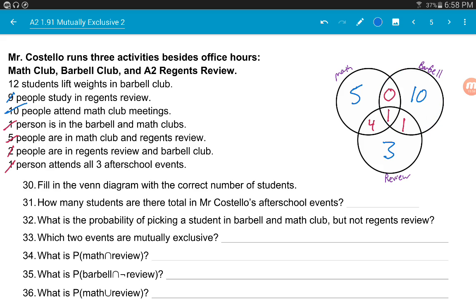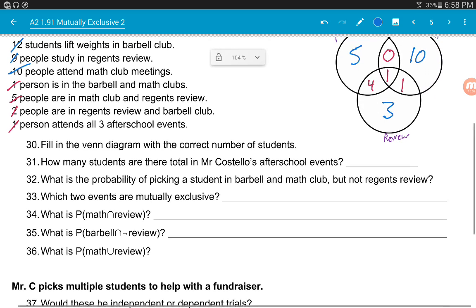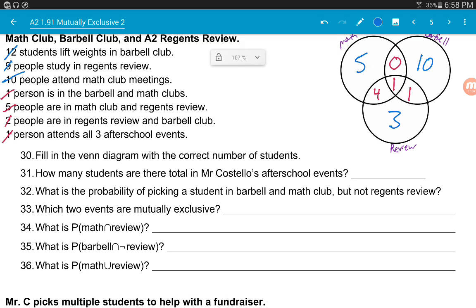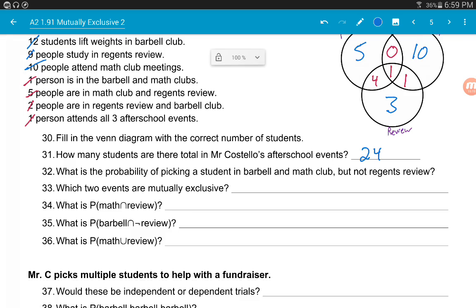Yep, that works. So I've used that number, and now my Venn diagram is in great shape. So how many students are there total in my after-school events? 5 plus 10 is 15, 16, 17, 21, 24. So that should be the denominator for most of your fractions, or most of your probabilities here, okay? So good luck with that.